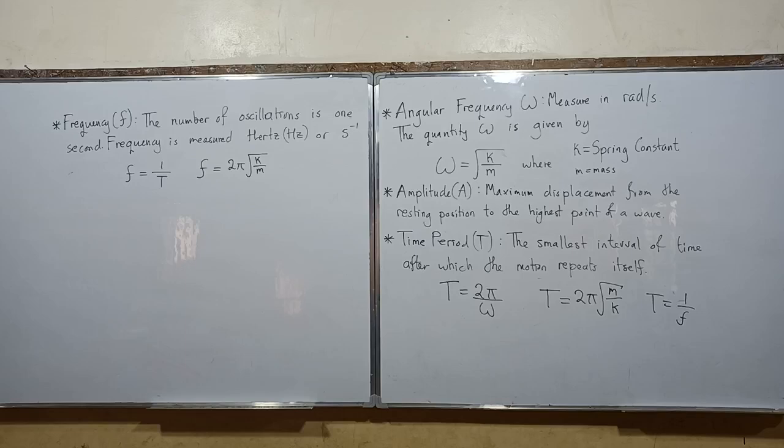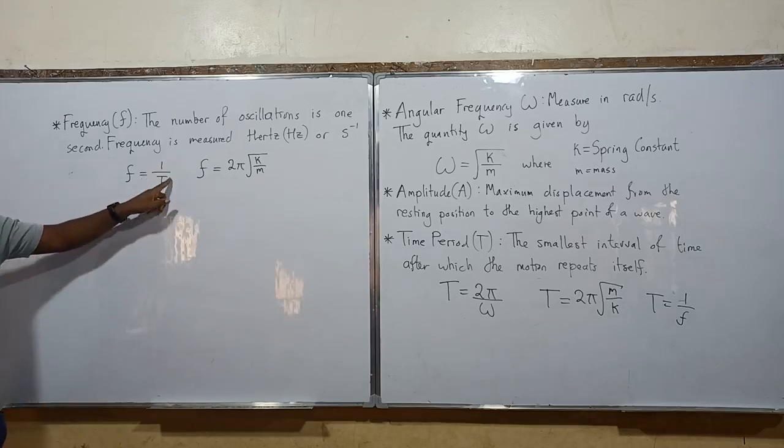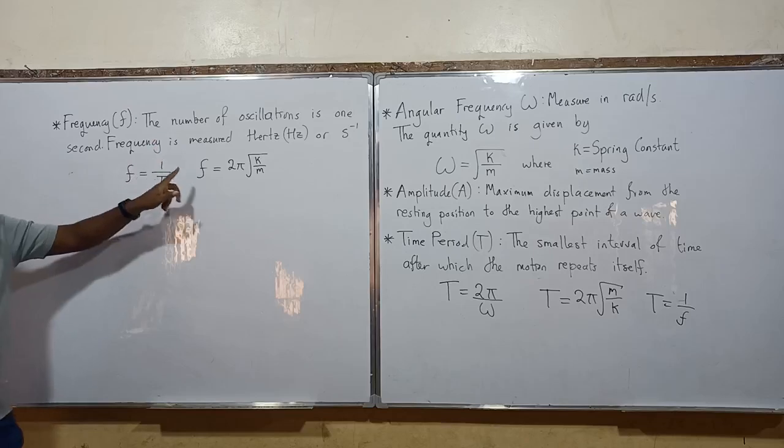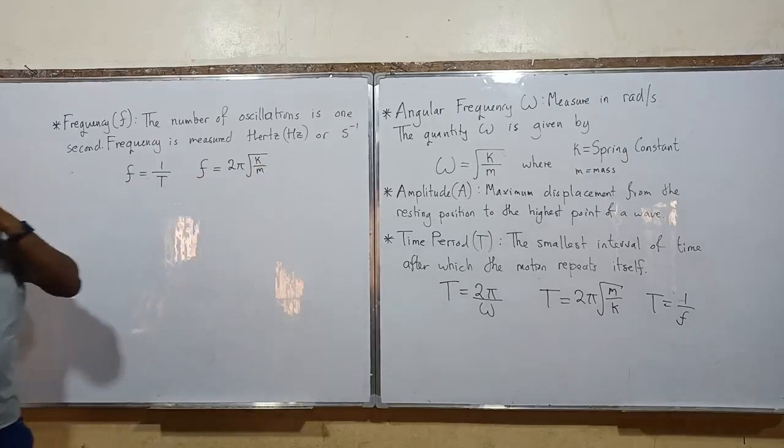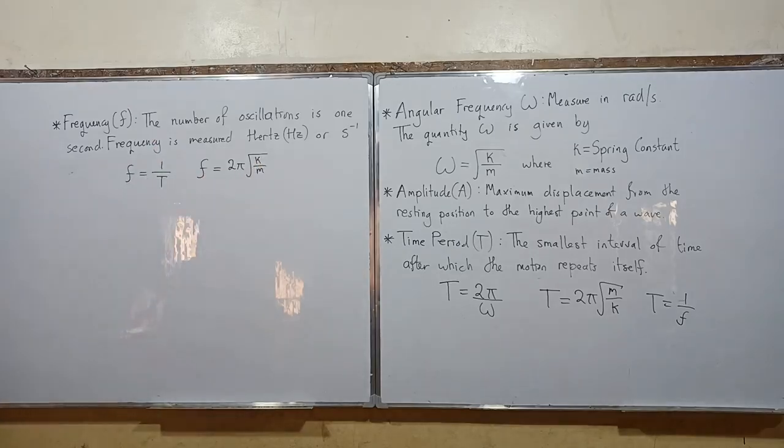Have you seen that we've gone back to k over m and not m over k? Why? Because it's the reciprocal. So again, if we divide, you get the reciprocal. That's why we have k over m.